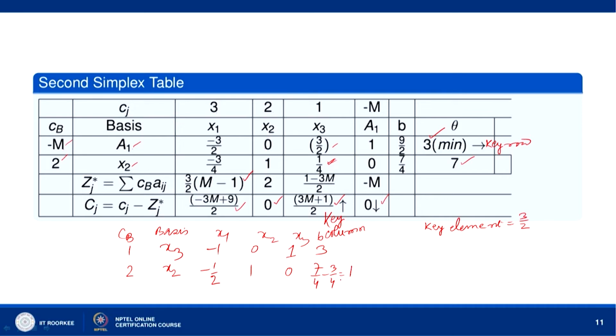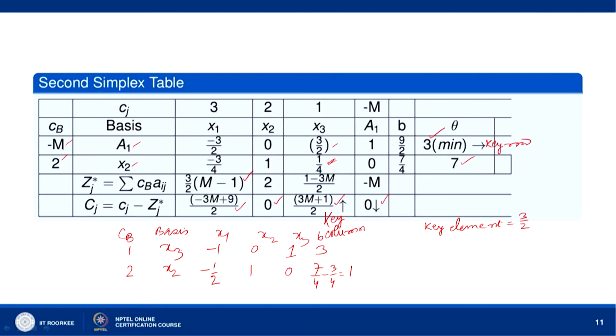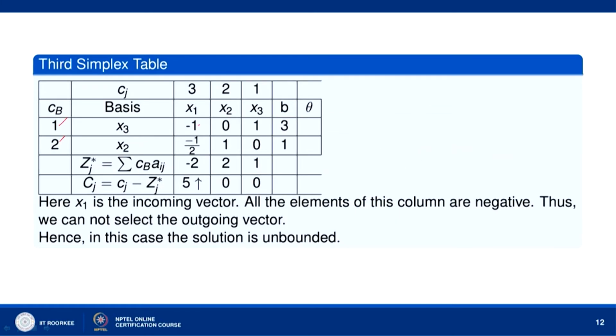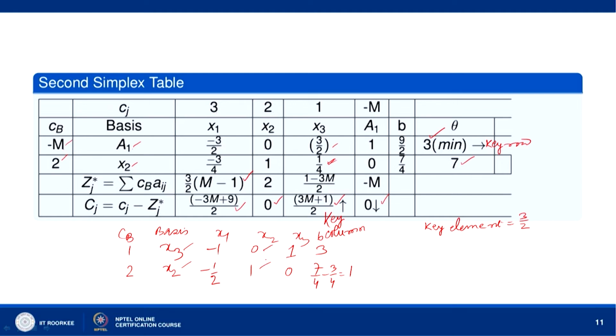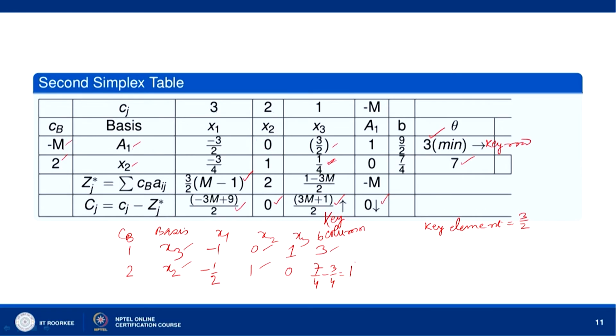So, let us see the new simplex table. We have CB column 1, 2, and the basis column has x3, x2. The x1 column has minus 1, minus half. The x2 column has 0, 1, the x3 column has 1, 0, and the B column has 3, 1, okay.